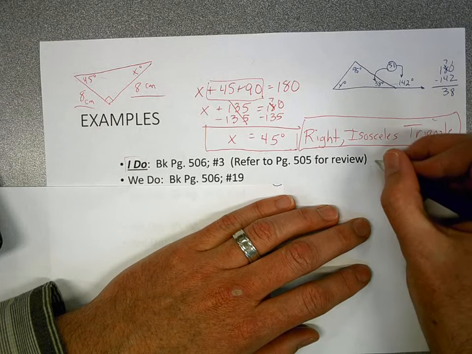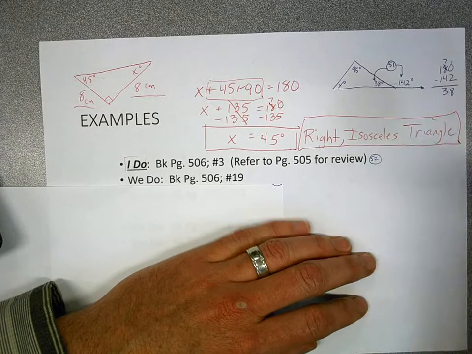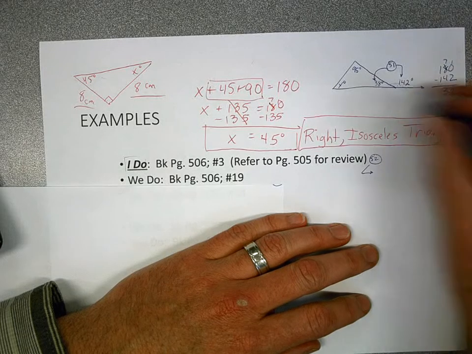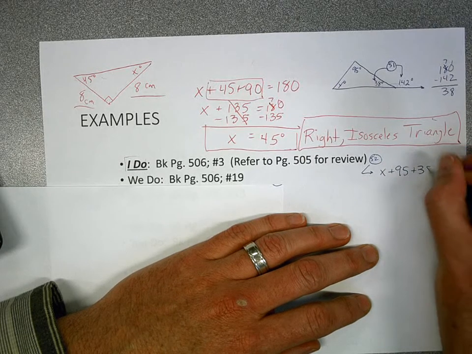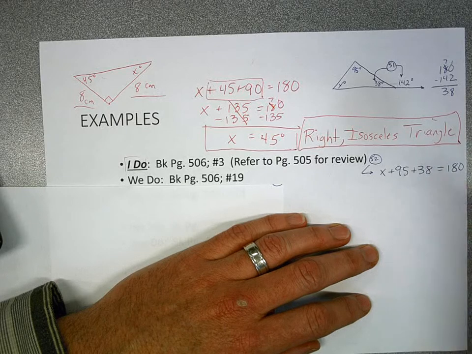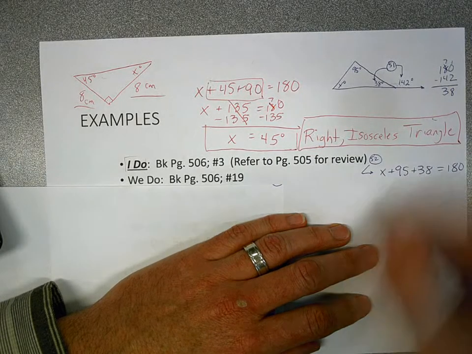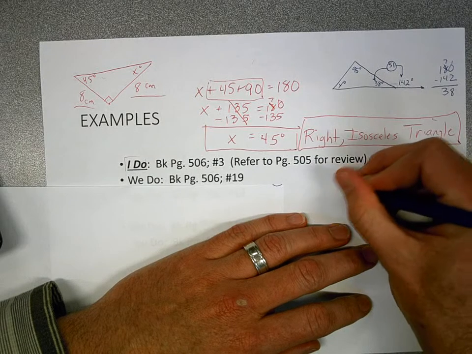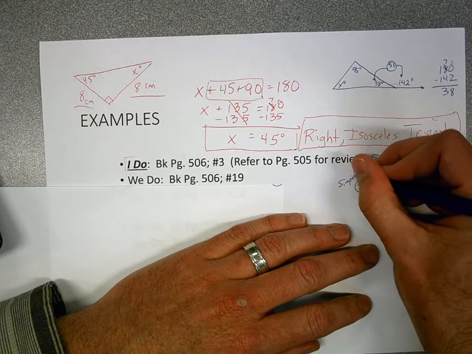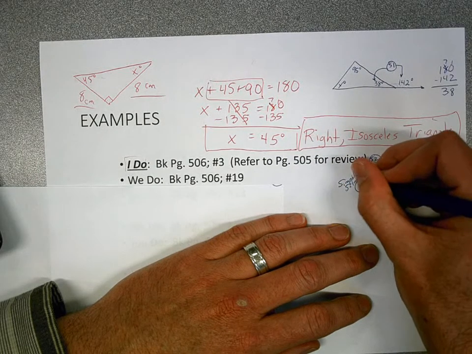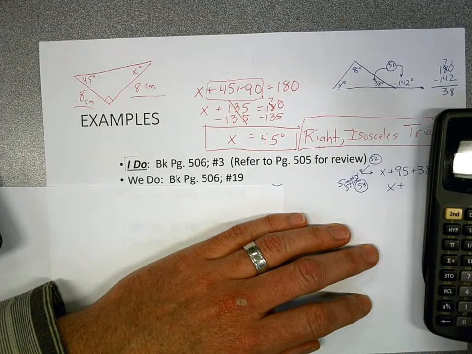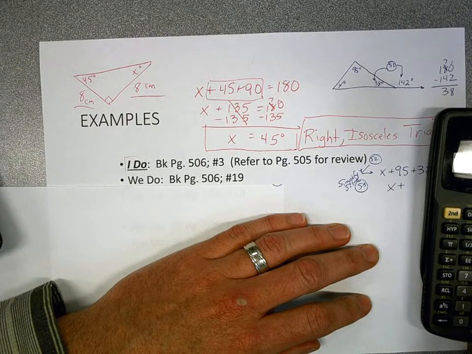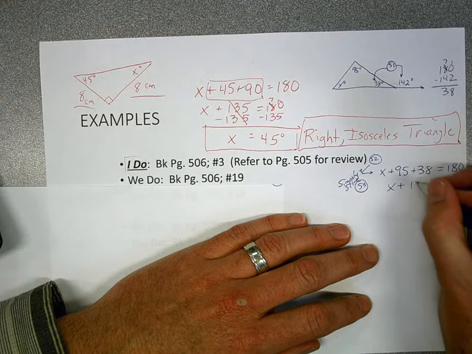Now step 2 is to write my equation. I have x plus 95 plus 38 equals 180. Step 3, I'll write this down: simplify and solve. So x plus, and 95 plus 38 equals 133.